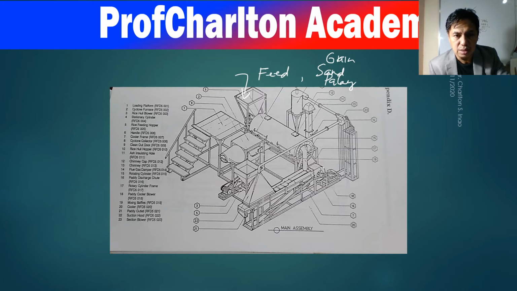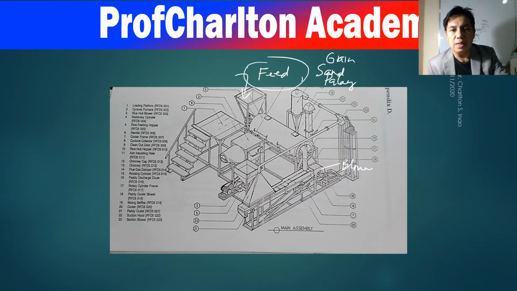So here's the blower, centrifugal blower, and then later on it will have some kind of discharge there, right? So feed here, and the product is discharged at the output, no?